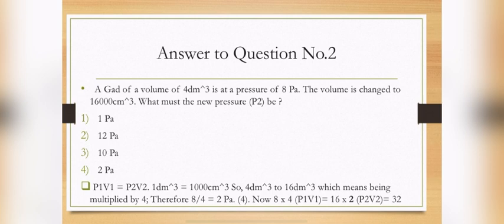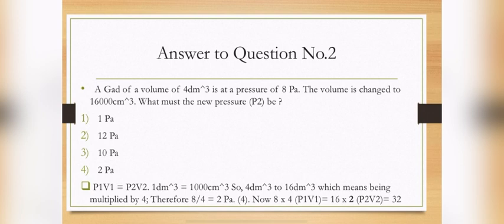So 4 multiplied by what number is equivalent to 16? Indeed, 4 multiplied by 4 is equivalent to 16. So V1 is being multiplied by 4 to become V2 on the other side of the equation. Therefore, I will do exactly the opposite with the pressure.